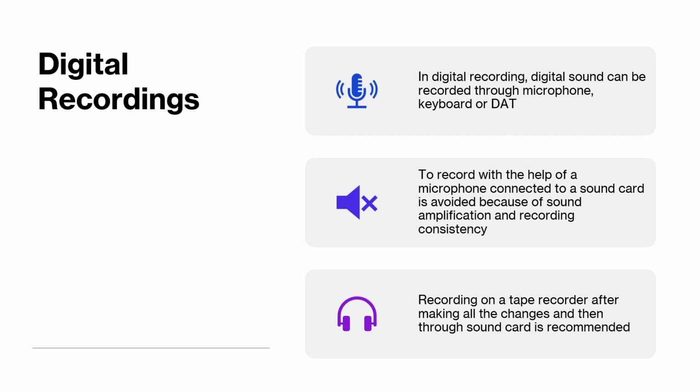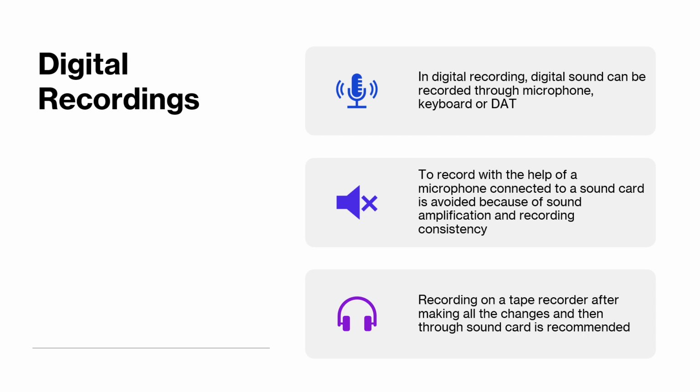The recording that goes through a microphone connected to the sound card is not really the best, mainly because sound amplification and recording consistency are issues. So recording on a tape recorder after making all the changes and then going through the sound card is most of the time the recommended approach to put recorded sound onto PCs.